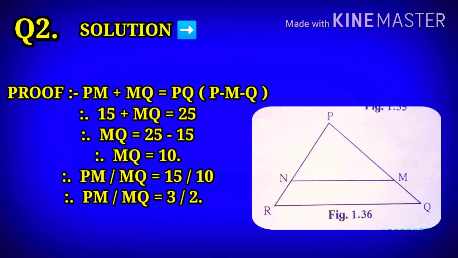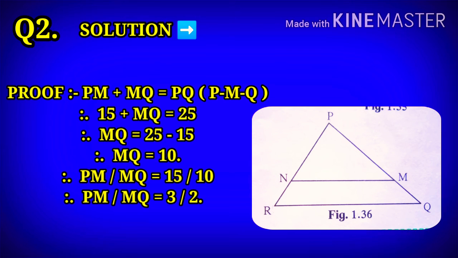That is, PM plus MQ is equal to PQ as P and Q are collinear. Therefore, 15 plus MQ is equal to 25. Therefore, MQ is equal to 25 minus 15 as we shifted 15 from the left side to the right side. The sign changes from plus to minus. Therefore, we have found out the value of MQ, that is 10.